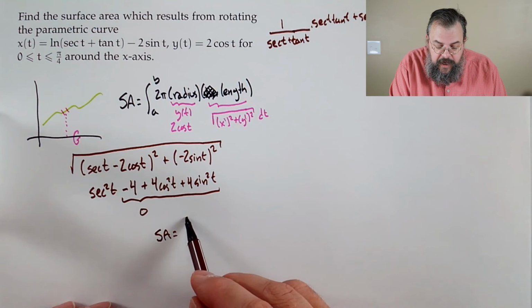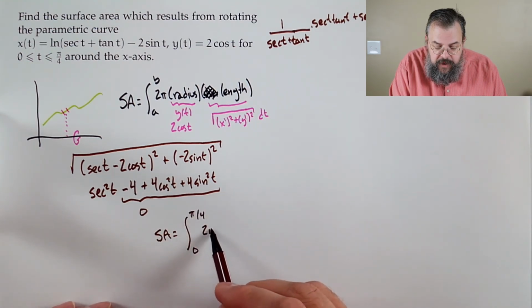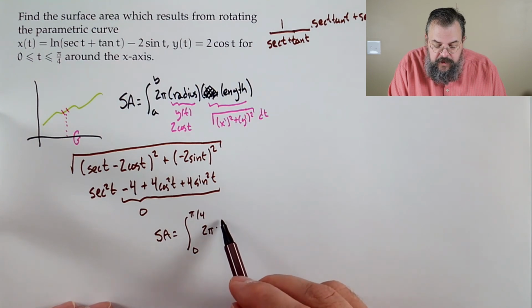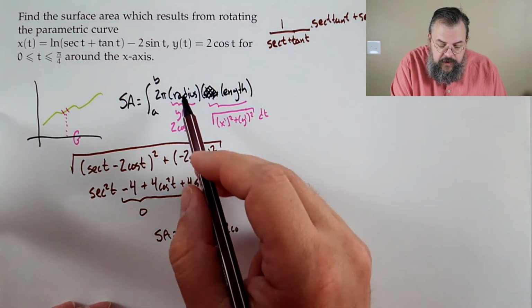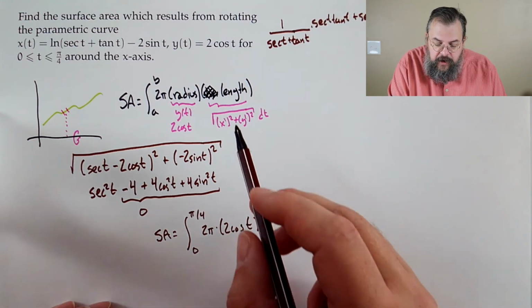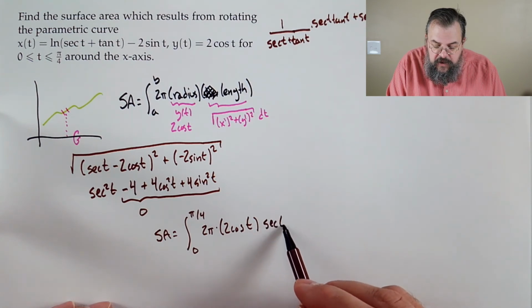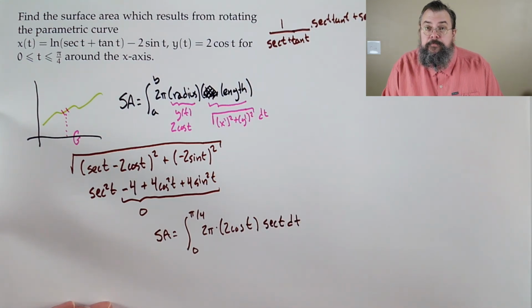It's going to be adding up from 0 to pi over 4, 2 pi times the radius, how far we are from the axis, 2 cosine t, times our length, the square root of secant squared, which is secant dt.